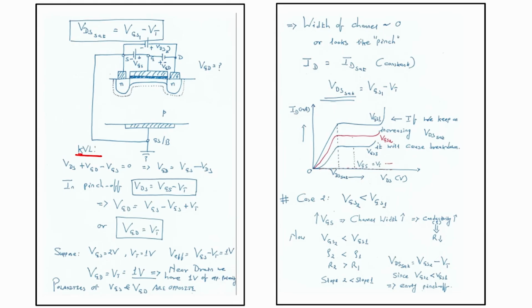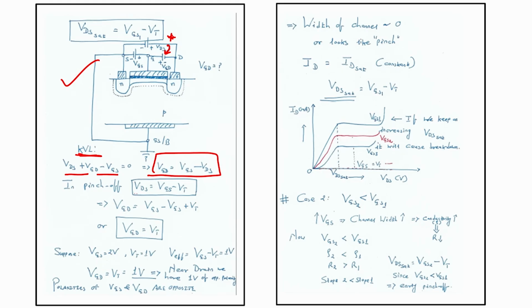Okay. So, here if I apply Kirchhoff voltage law for this particular circuit, what will I have? We start from here with VDS, and go in this direction. So, VDS plus VGD minus VGS equals 0, which implies VGD is VGS minus VDS. This is a similar condition, right.